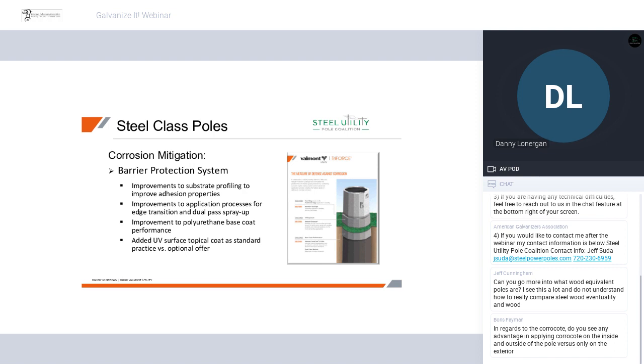For example, if you're in a situation where you know you have constant water and a very high water table, it may not be the right selection. Frankly, it just might not be a good decision. If you have an occasional water rise, that could warrant justification for inside coating, so the inside of the base. Ultimately, it's a specification, a discussion, an application decision.